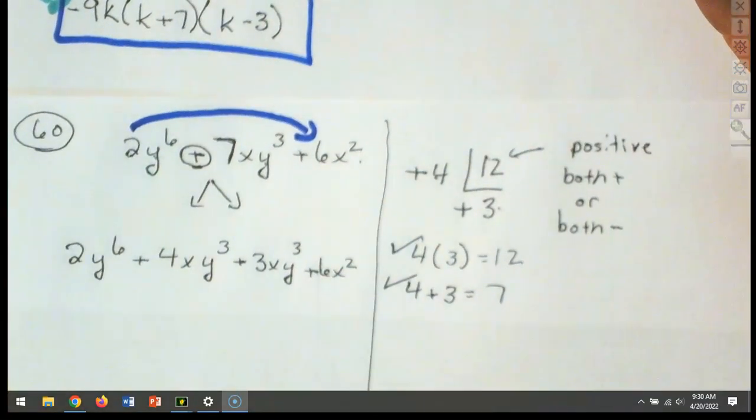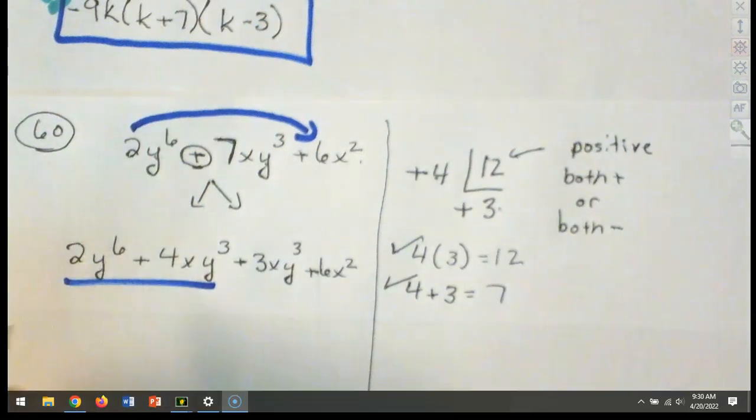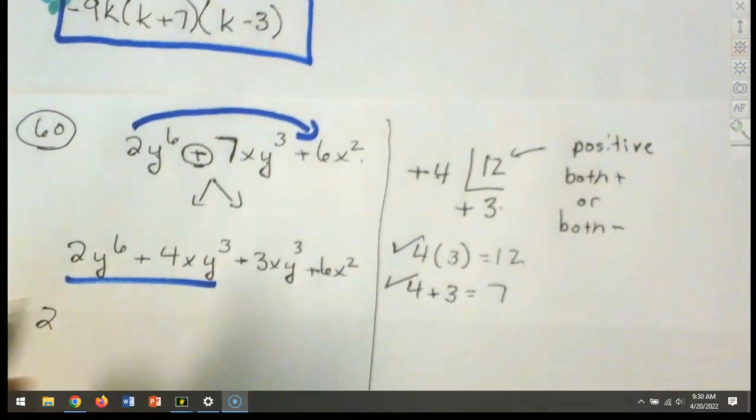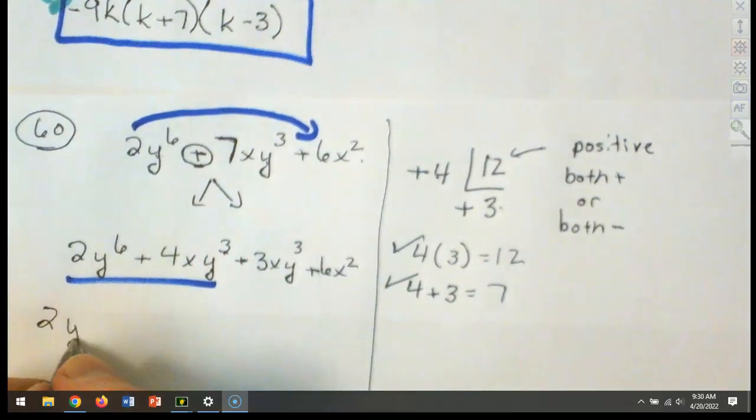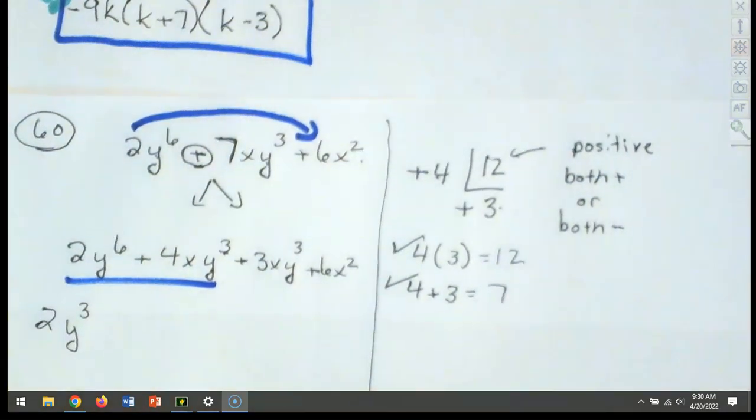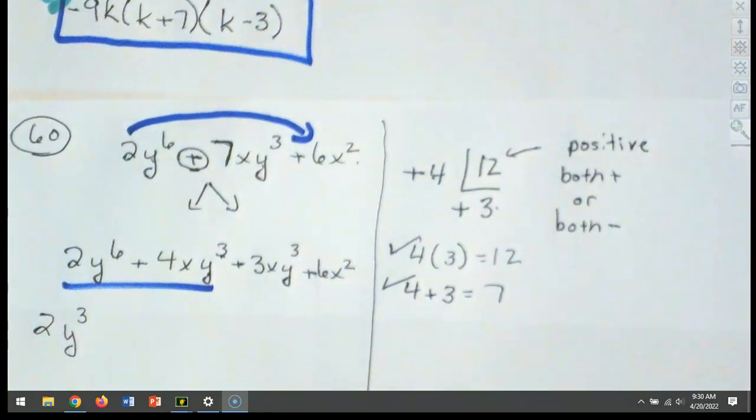Now we factor. When we look at our variables, what do we take out? We always take out the smallest power that they have in common. So we've got a 2 and a 4, so I'm going to take out a 2, and we've got a y to the 6th here and a y cubed here, so we're going to take out a y cubed. So we're going to take out a 2y cubed.